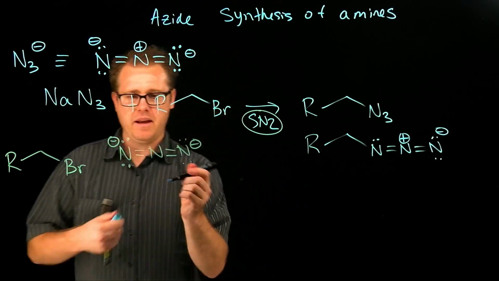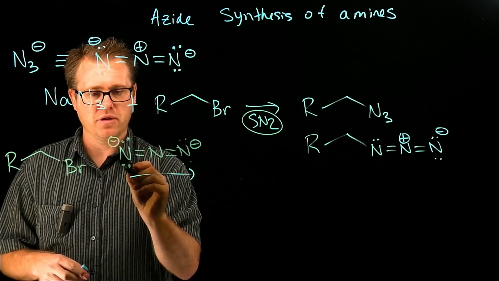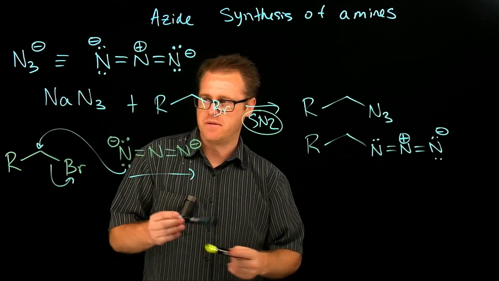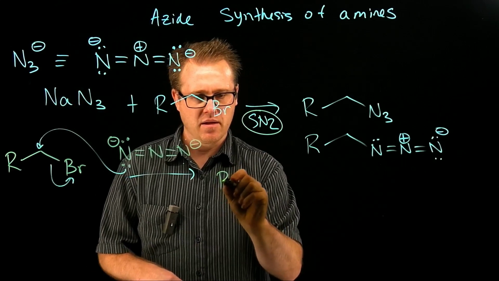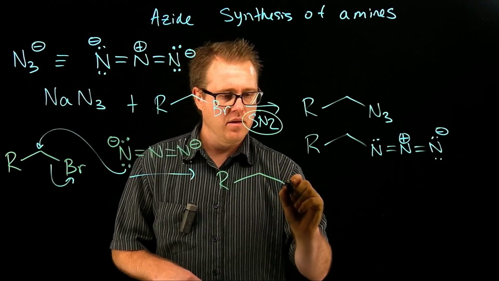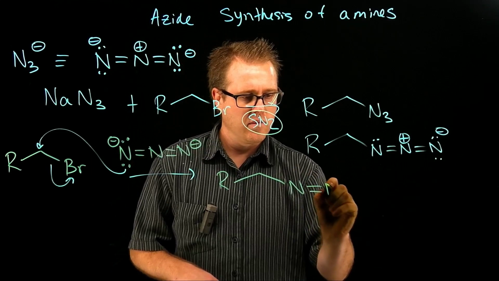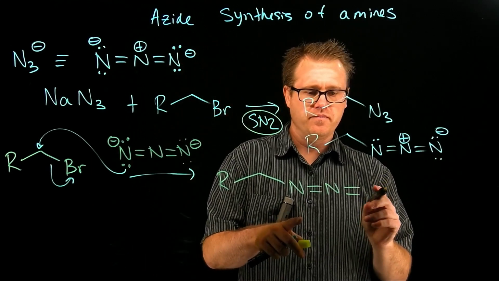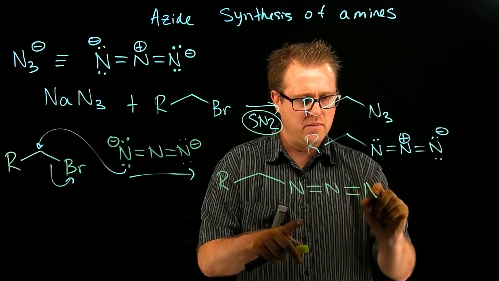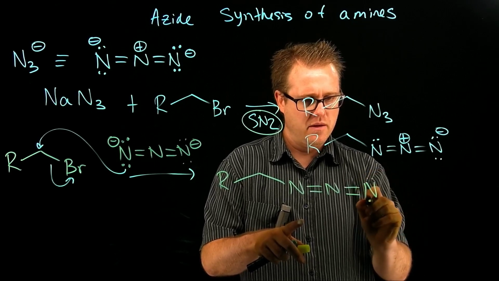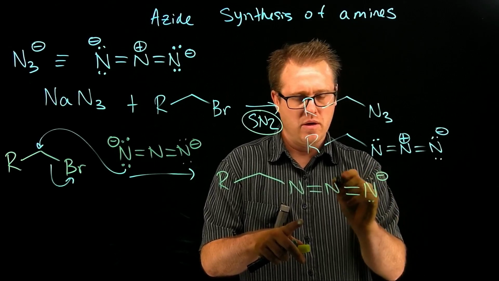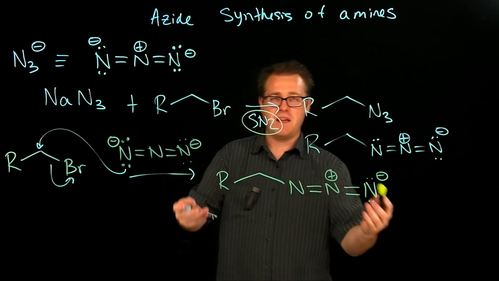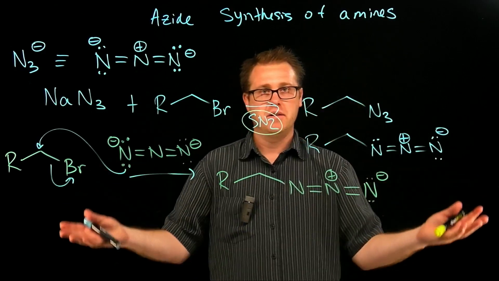Mechanistically, it's an SN2, so the negative charge, boom, boom, backside attack, kicks off the bromide and gives us our azide, with the minus here and the plus charge.